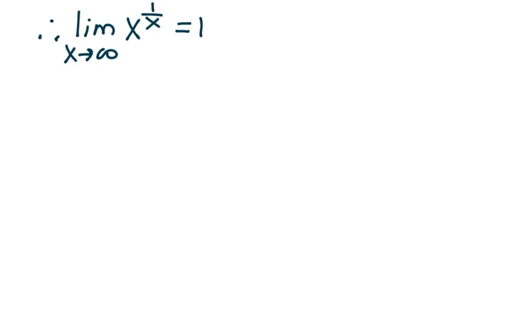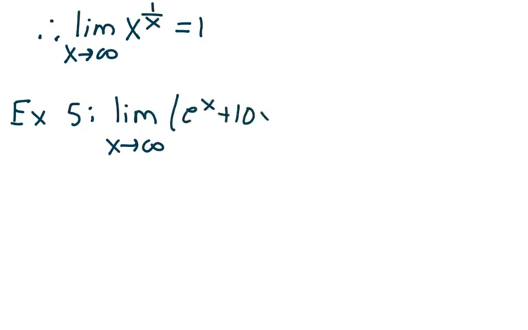So I'm going to do one more problem in that theme for this video. So example 5, we get the limit as x goes to infinity of e to the x plus 10x to the 1 over x.